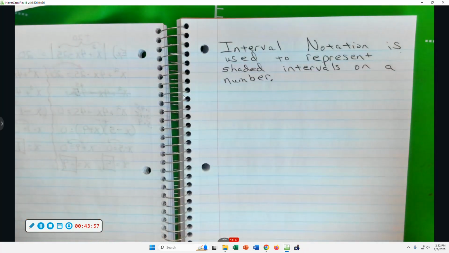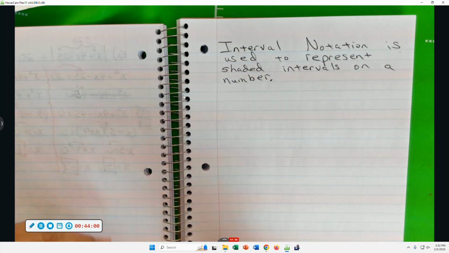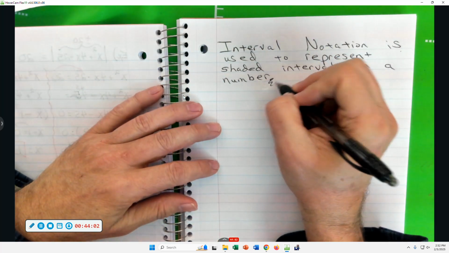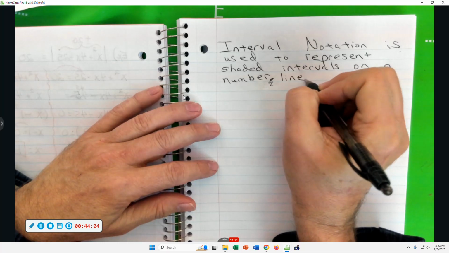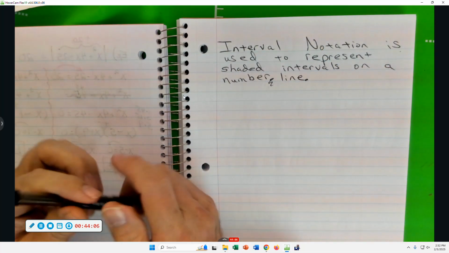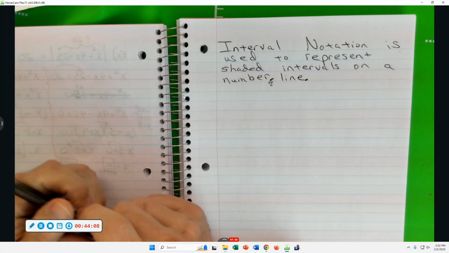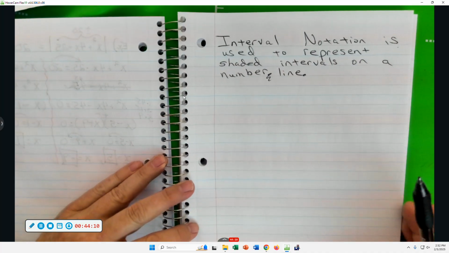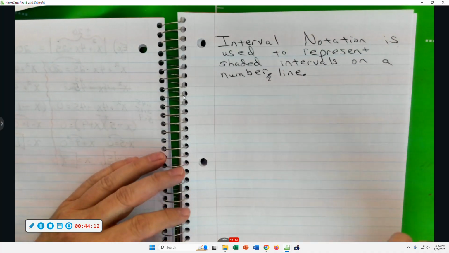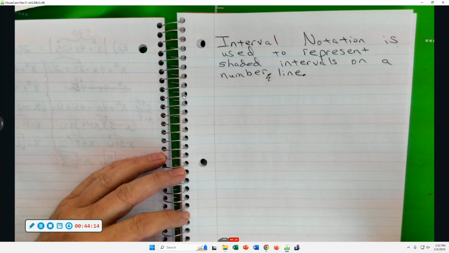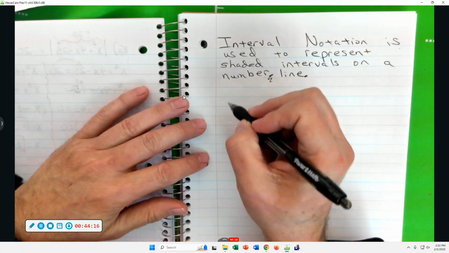It's just a one-dimensional division on a number line. Now, if you took Math 371 recently, you might recall seeing interval notation. If not, it's painless enough.